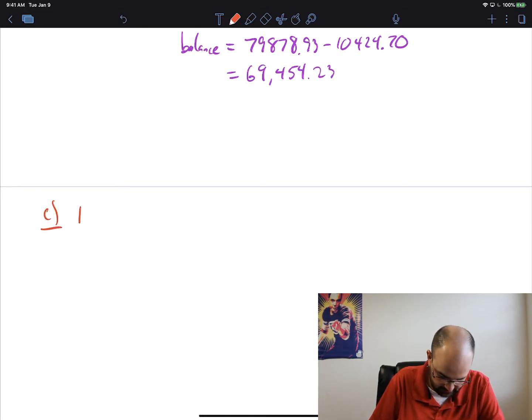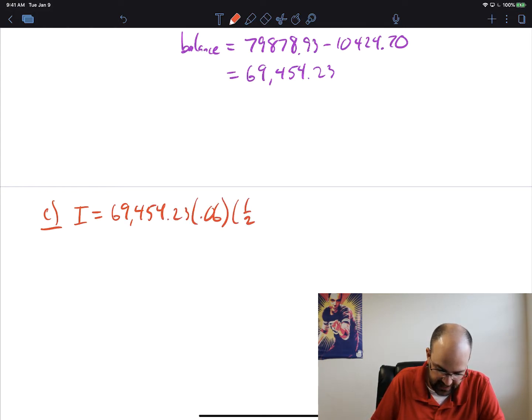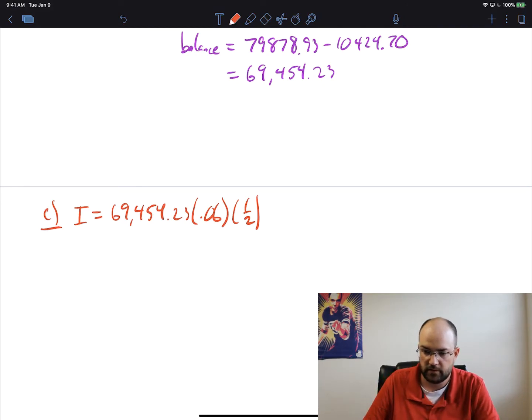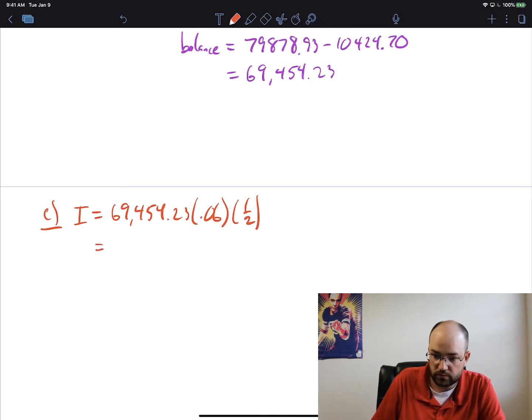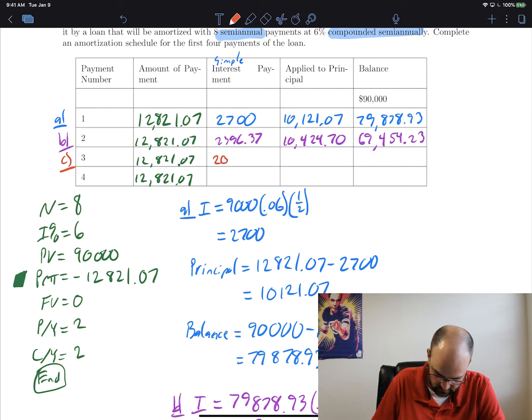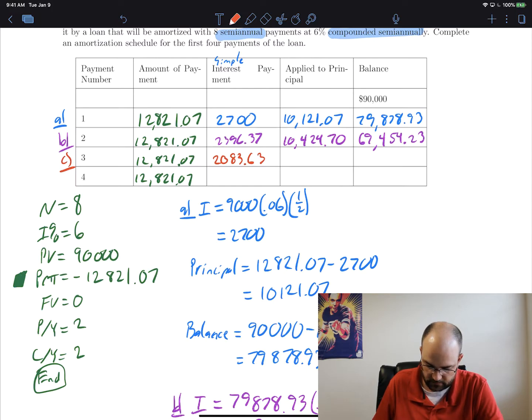So for C, the interest is the previous balance, which was $69,454.23 times the interest rate times the half a year, and then just type that in, and that'll give you $2,083.63. Good.